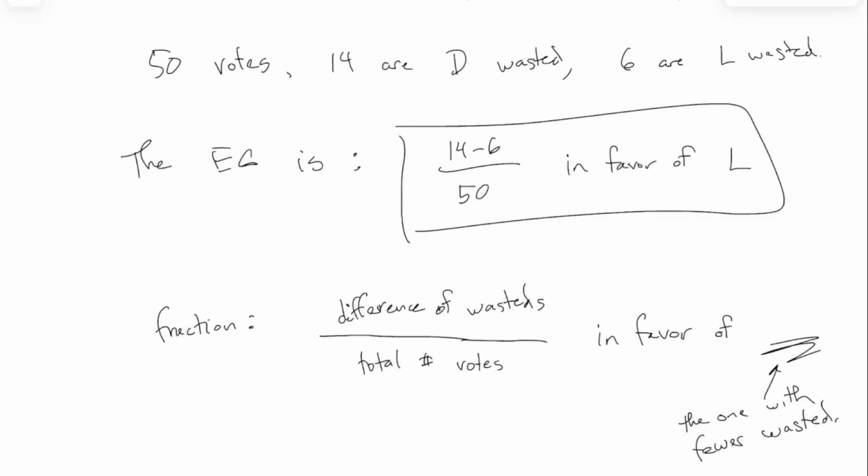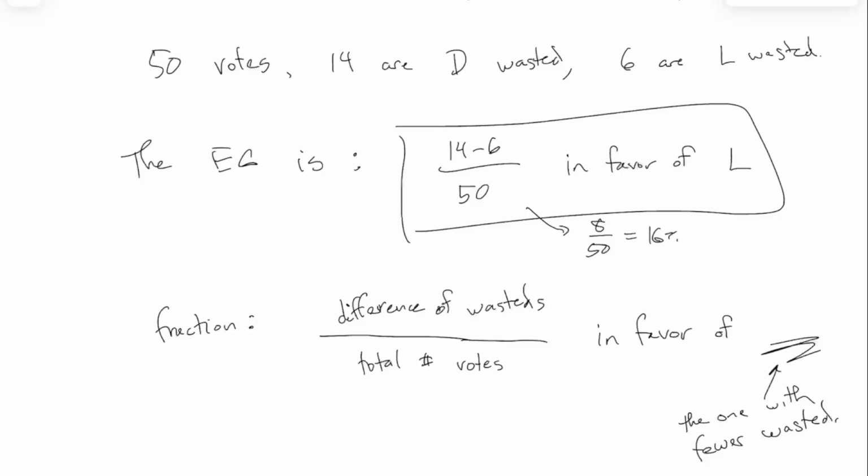All right? And of course, if you're doing this on the homework or something, you can write this as a percentage. And when you read about the efficiency gap in real life, it's usually written as a percentage. I did this in my calculator. This fraction here, if you actually do the subtraction, is 8 over 50, which is 16%.